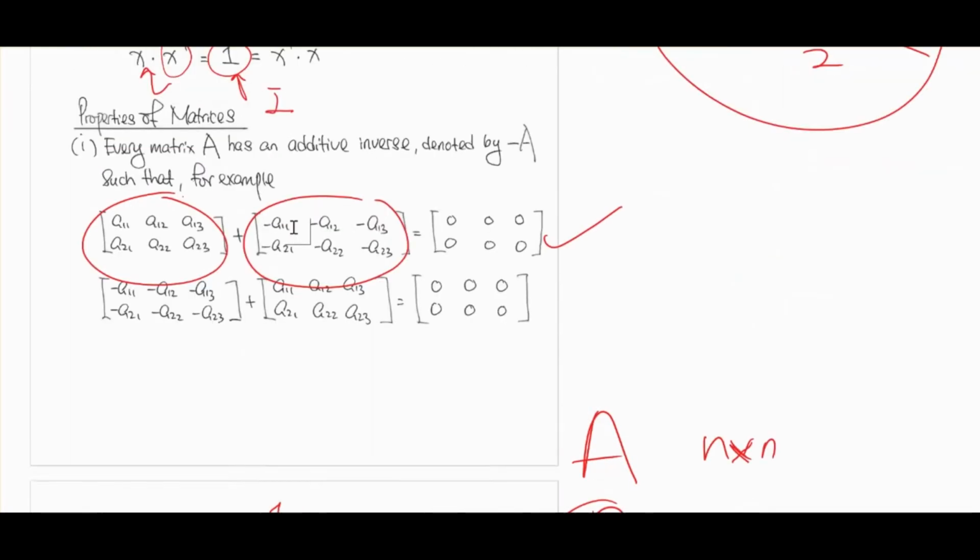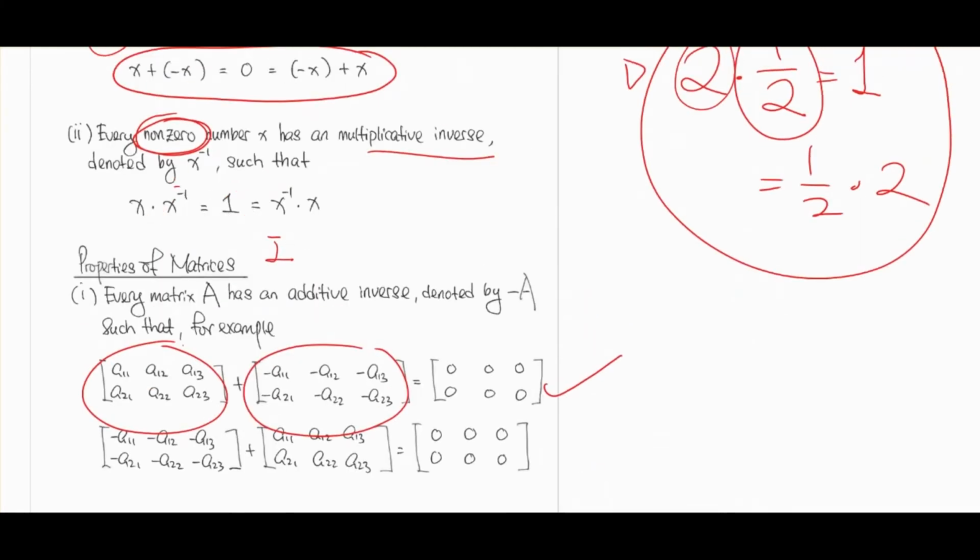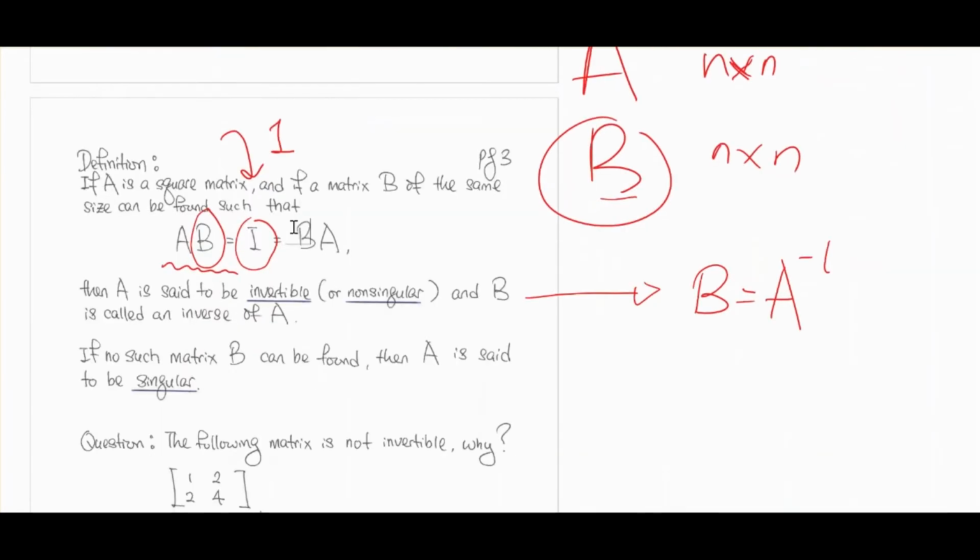And as you can see, we want this multiplicative inverse to be on the right hand side and also on the left hand side. So that's the reason why we want a B, so that this B multiplied with A on the right hand side, or this B multiplied with A on the left hand side will give you the identity matrix.